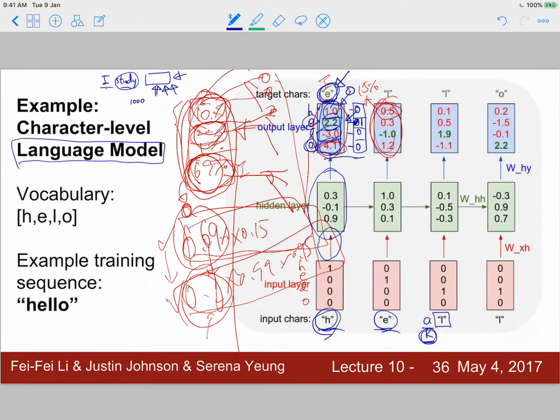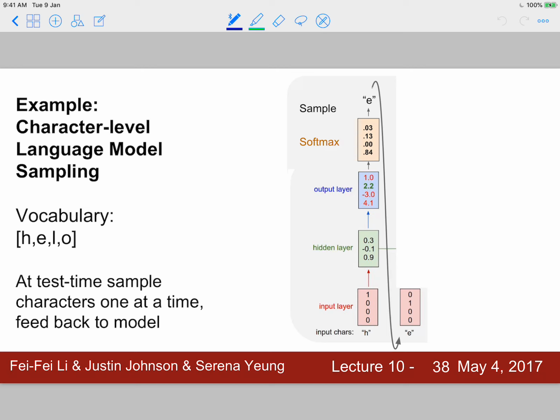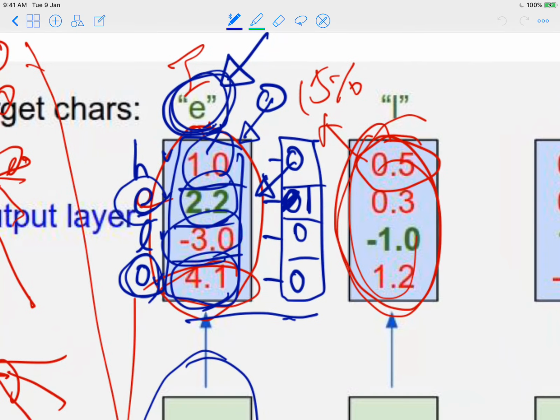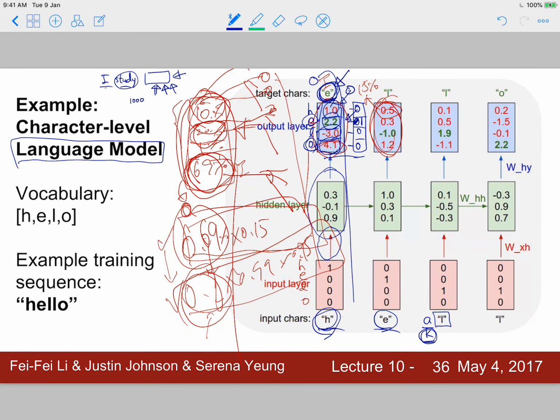So if we utilize the strategy that we use to trigger this one-to-many kind of setting, by supplying the character that we produced in the previous time step as an input to the next time step, then even though the ground truth is E, we currently produced O as the most likely output, right? And then this O should be provided as the next time step's input, right?